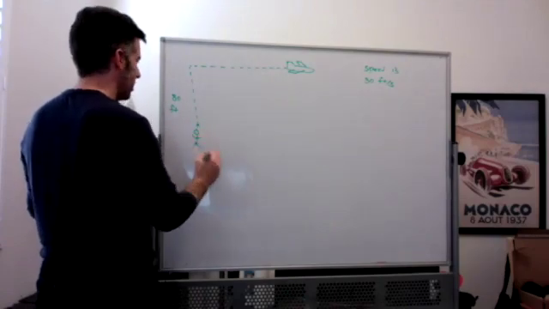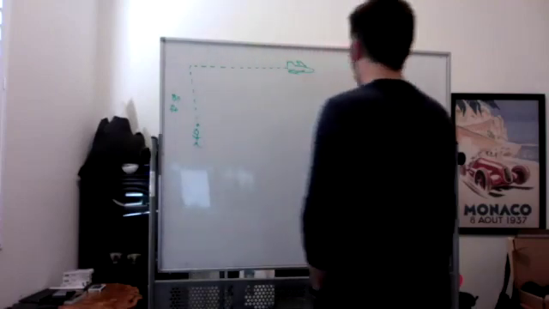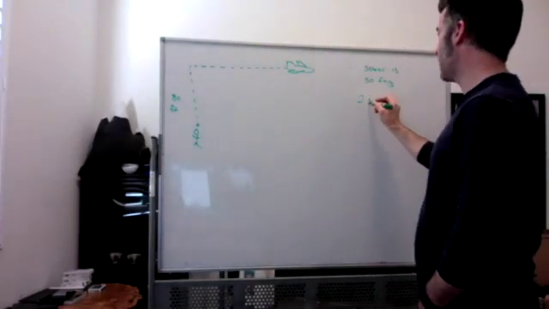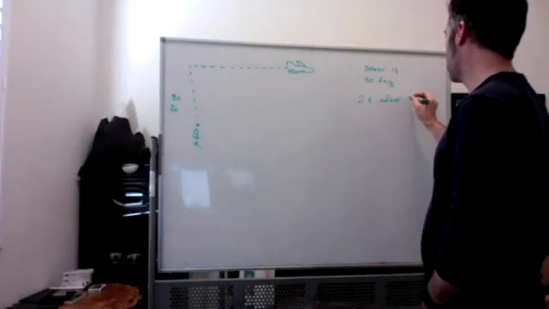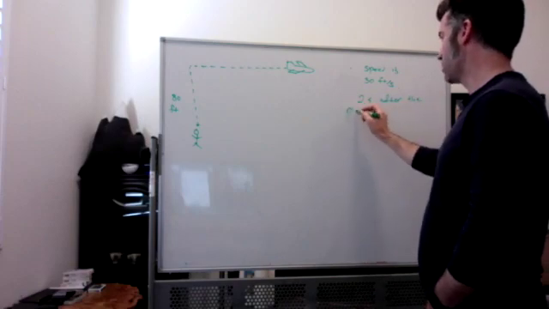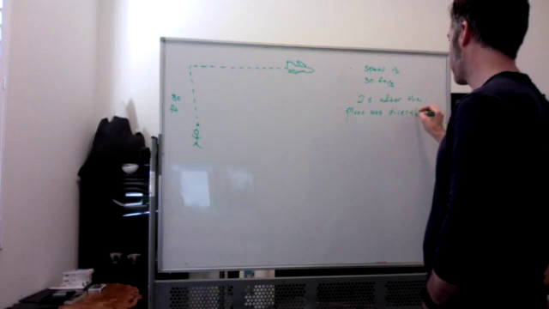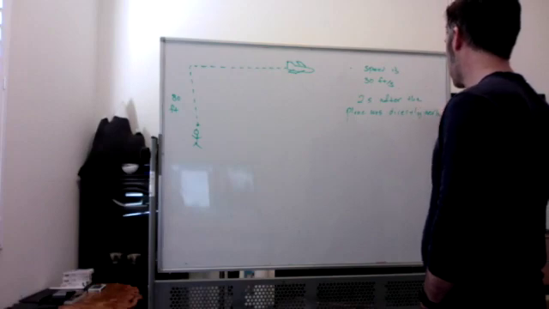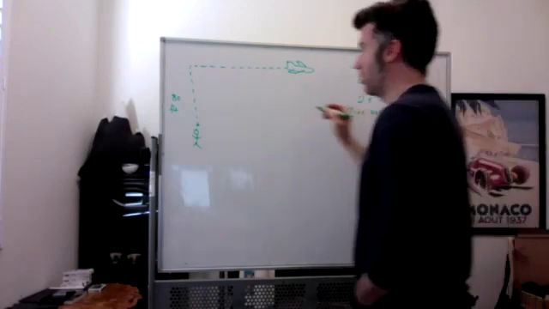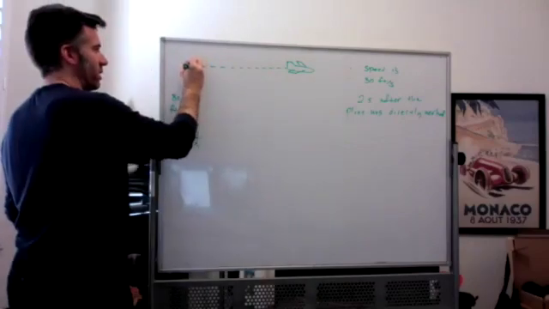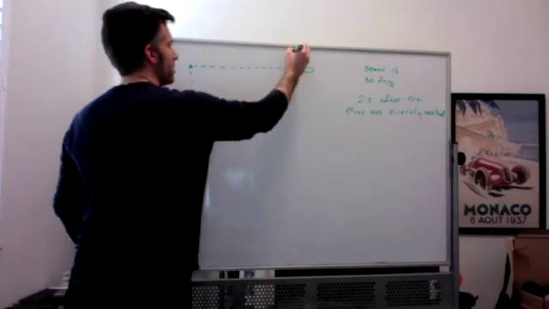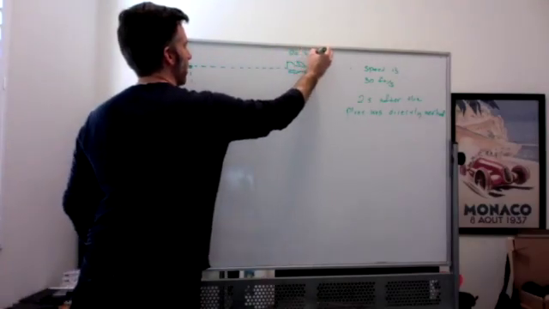And what we want to know is exactly 2 seconds after the plane was directly overhead. So, right, here's the moment where it's directly overhead. Here is 2 seconds later.